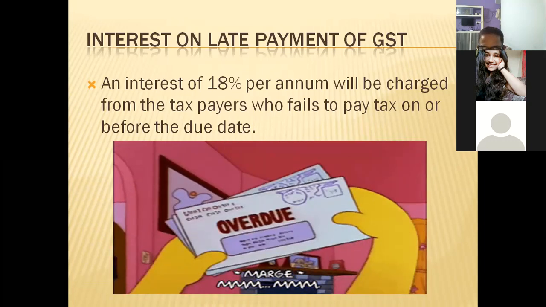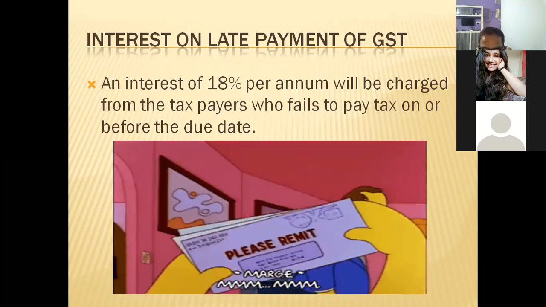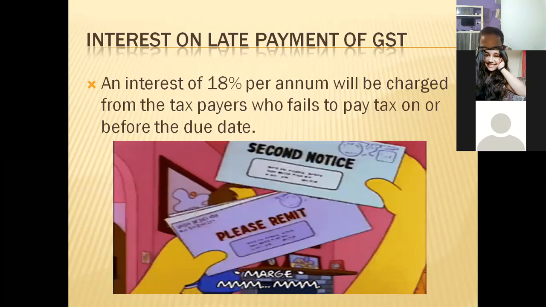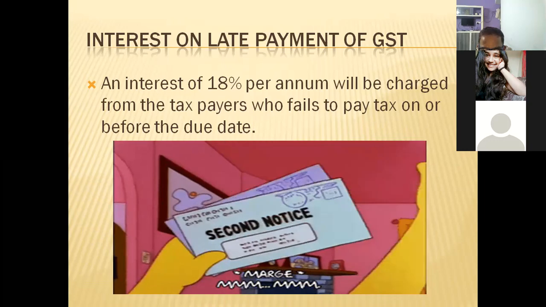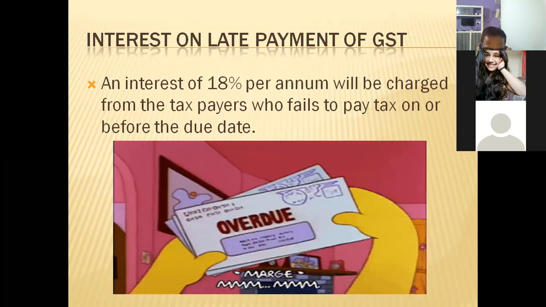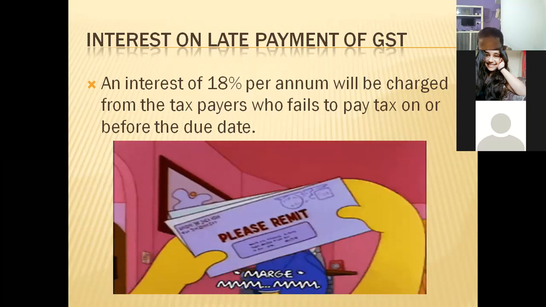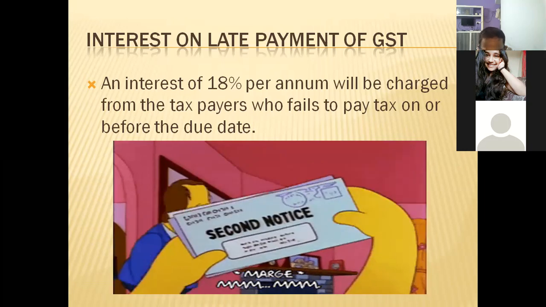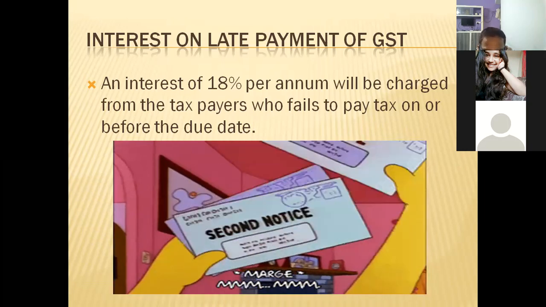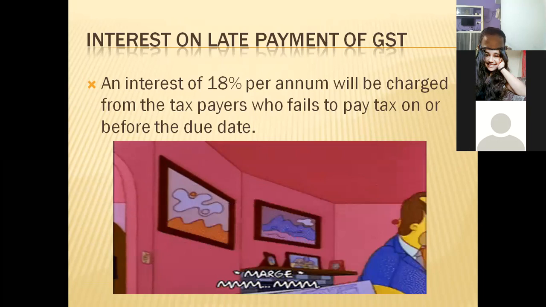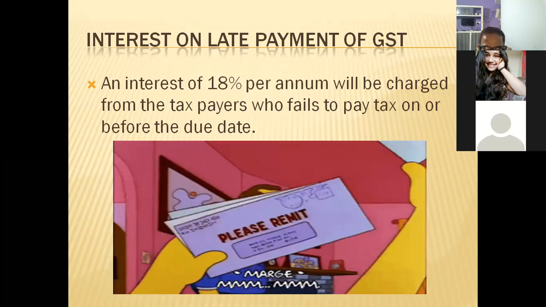And per day after the due date, if you don't file, you have to pay 100 rupees apart from interest. Sometimes they increase it to 500 rupees per day. So imagine how strict they are with GST tax payment.